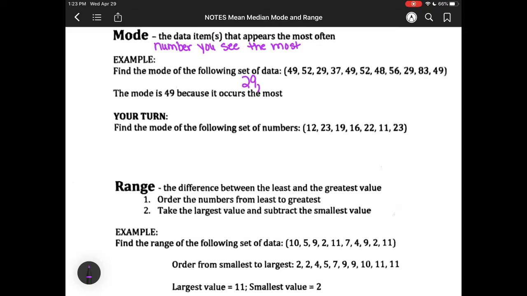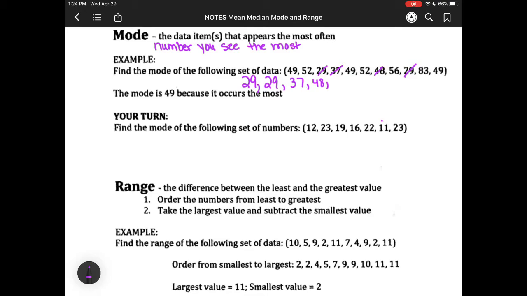So the first one would be 29. And there's another 29. And then after that is 37, it looks like. Then we have 48.